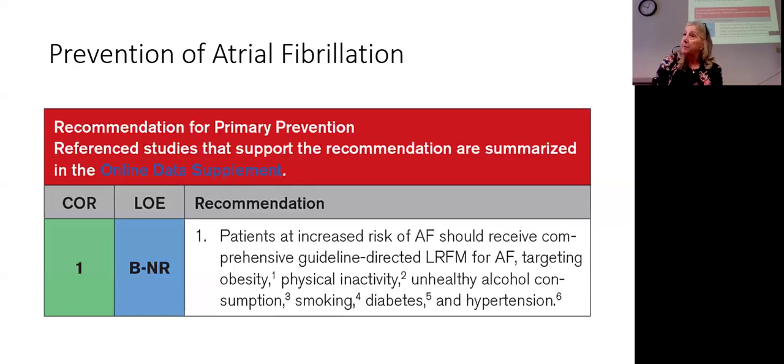So strong recommendation for primary prevention. So patients with increased risk. So if you know you have a family history, if you know that you're overweight, or you know that you have high blood pressure, then you want to control your risk factors. So that's a number 1 high recommendation. Patients at increased risk for AFib should control their obesity, physical inactivity, unhealthy alcohol consumption, smoking, diabetes, and hypertension.